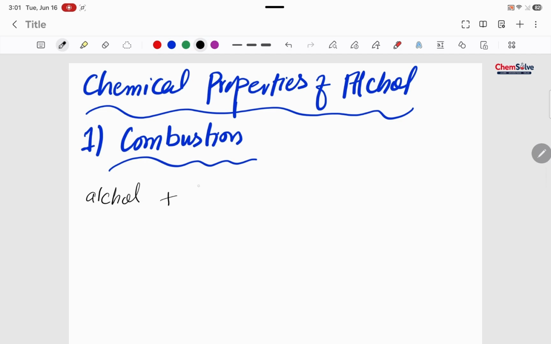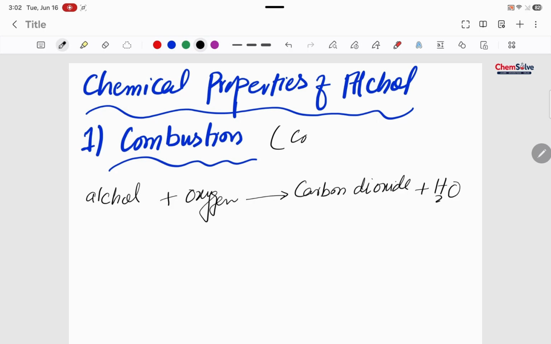Whenever we take an alcohol and it is combusted in the presence of oxygen, as it would be complete combustion, it will yield carbon dioxide and water. This combustion is known as complete combustion.